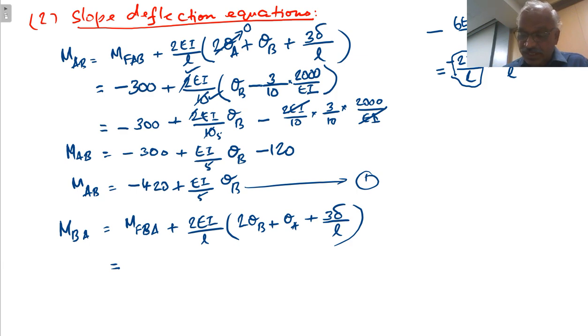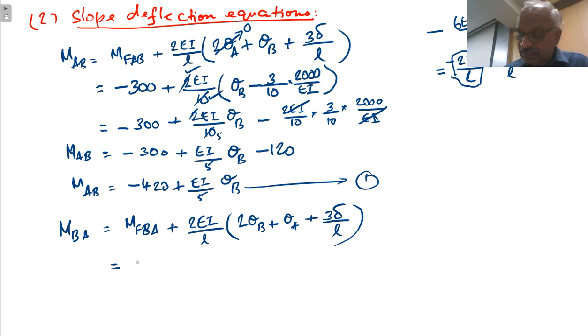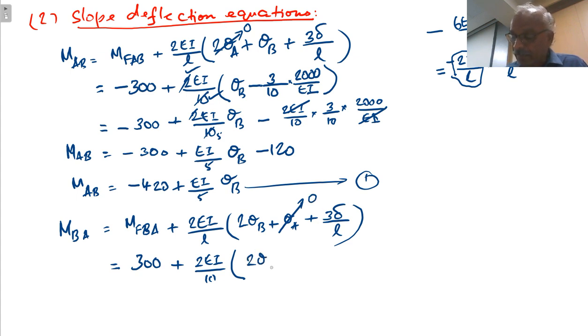From the previous page you find that M of BA equal to plus 300. So this is 300 plus 2EI by L, L equal to 10 meters, into 2 theta B, since theta A is 0, plus 3 delta by L. So only a formula 3 delta by L, right.